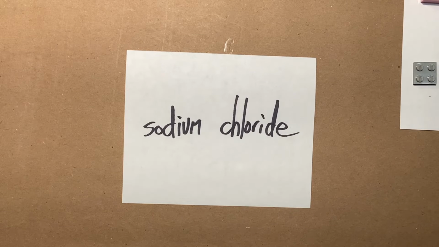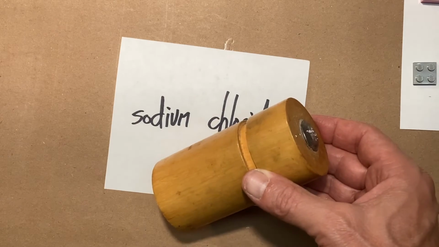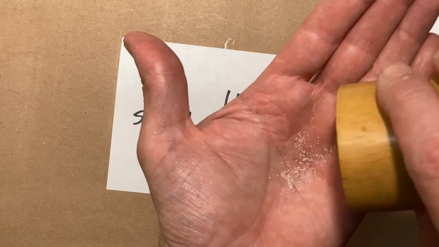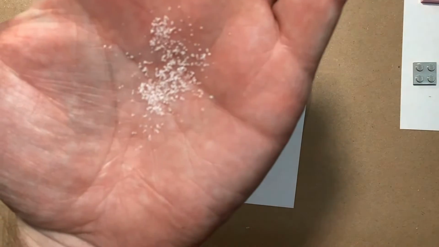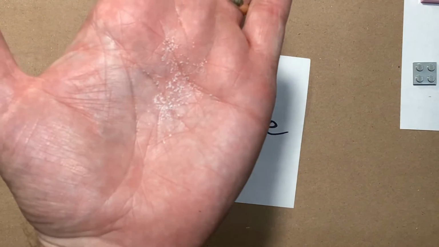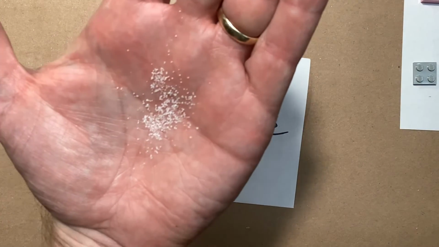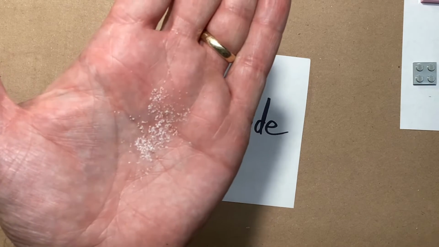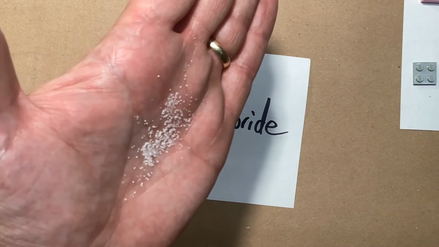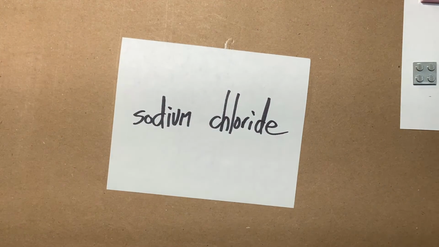Our next model is sodium chloride. It is something that we all know well, and it is table salt. For instance, I can get some salt out of my salt shaker. The name in chemistry for table salt is sodium chloride.